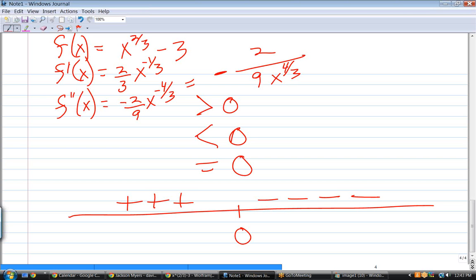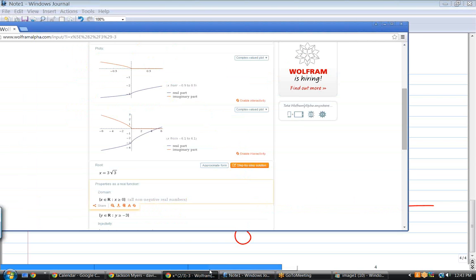And in this problem, the second derivative is not defined at x equals 0. But it's still x equals 0 that represents the inflection point on the original function, at least according to this picture. In other words, that's concave up from this angle or that.